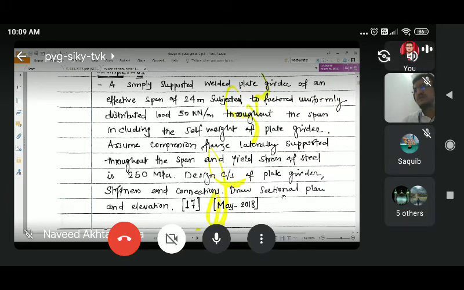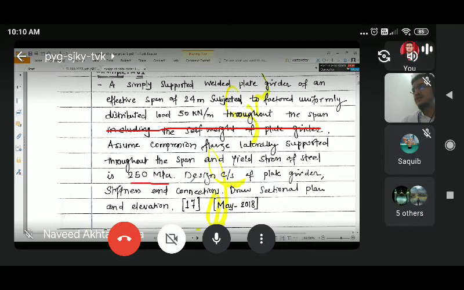A simply supported welded plate girder of an effective span of 24 meter subjected to a factored uniformly distributed load of 50 kilonewton per meter. Assume compression flange laterally supported throughout the span and yield stress of steel is 250 MPa.